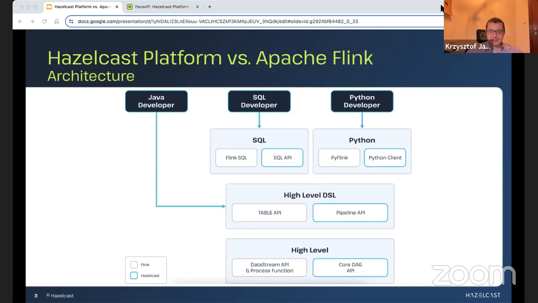So yes, that's the very high level overview. I would add that Hazelcast is more than streaming, which we will be talking about later. That is only the part strictly related to streaming.